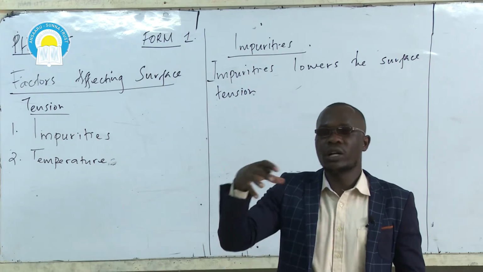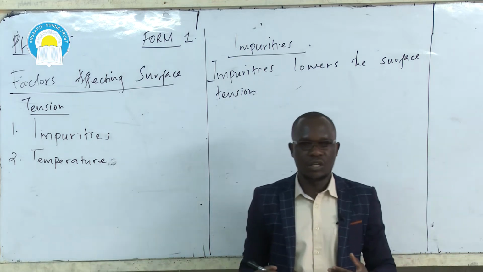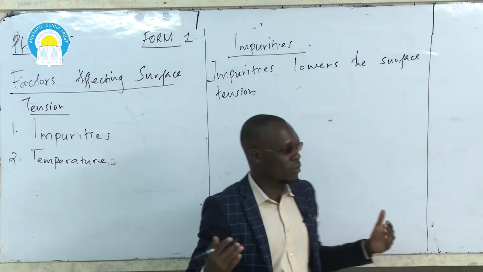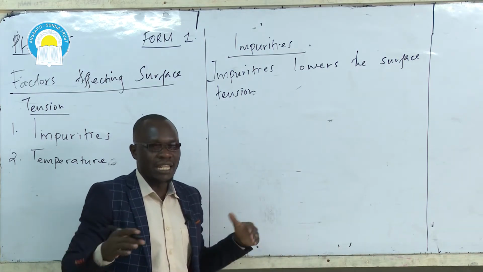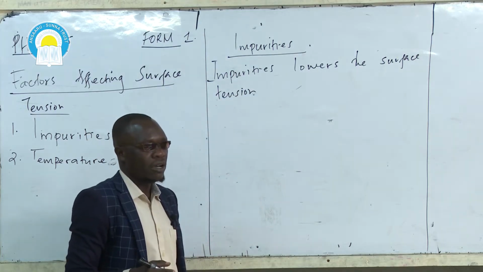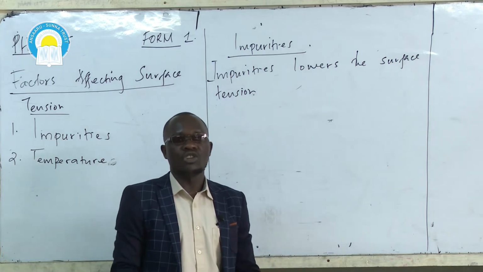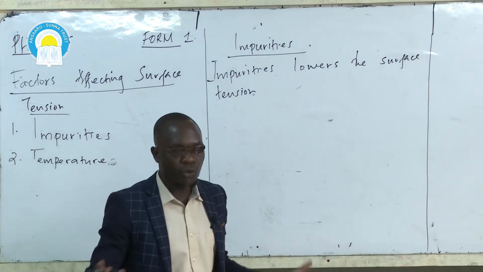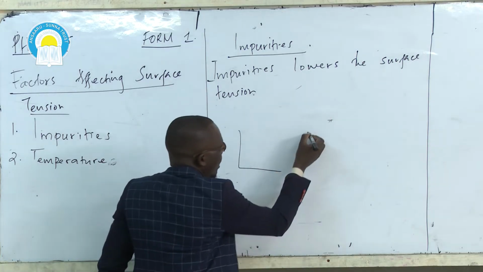When you introduce foreign particles in a liquid, those foreign particles are going to lower the surface tension. In other words, the surface tension makes a liquid able to accommodate some substances floating on it. An insect will be able to float on the surface of water due to surface tension. But if you introduce a foreign substance in that liquid, then the surface tension will be lowered or weakened. How?